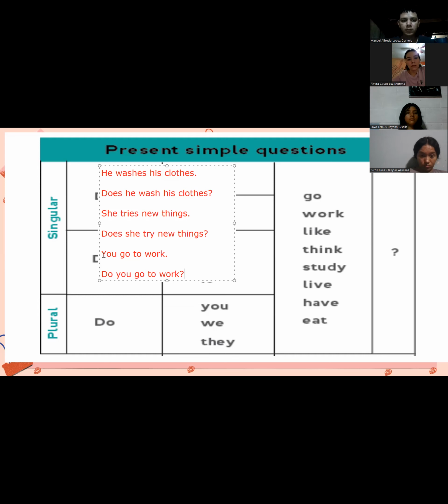So when we have an affirmative sentence, you have subject and verb. When we change it to a question, we have the auxiliary, and then we have the subject and the verb in the base form, okay?